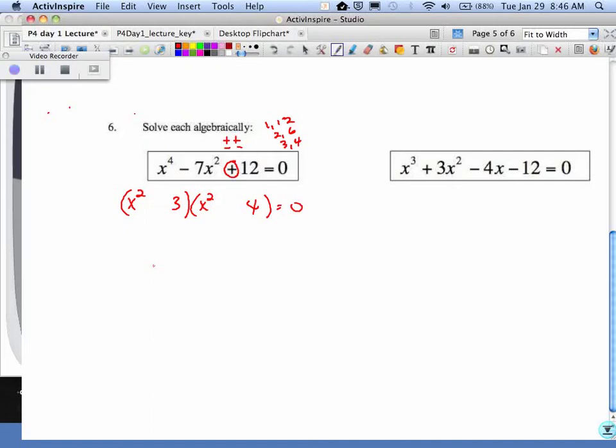Difference of squares. This one is probably the easiest for you guys to see. That's x squared minus what number squared? 4 is what number squared? 2.